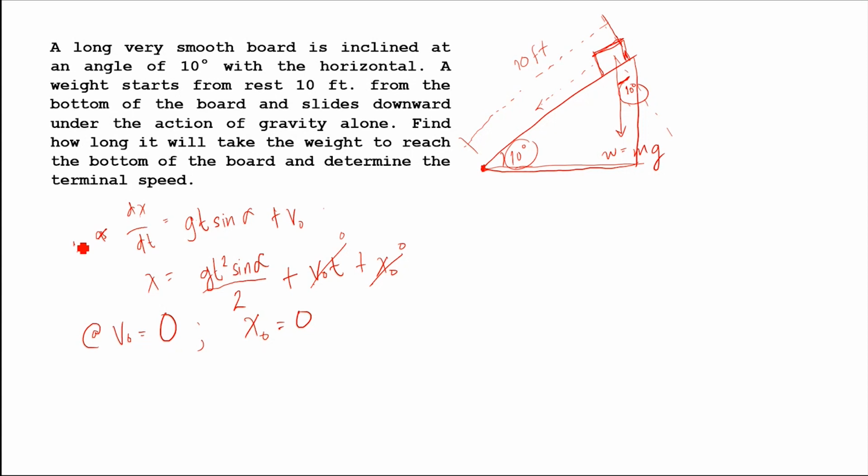So we have this equation 1 and this equation 2, whereas yung velocity daw initially is 0.